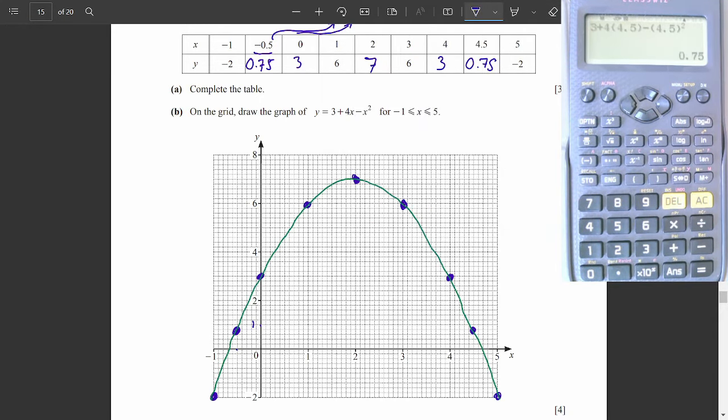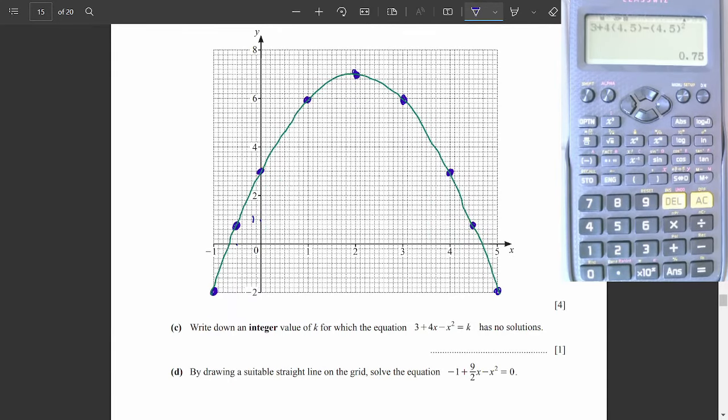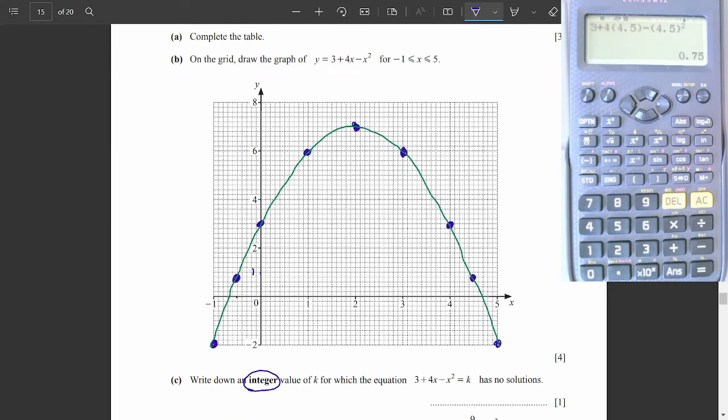Right, now next question. Write down an integer in bold. Integer means a whole number, no decimals, no fractions, whole number, value of k for which the equation 3 plus 4x minus x squared equals k has no solution. So what does it take to have no solutions?